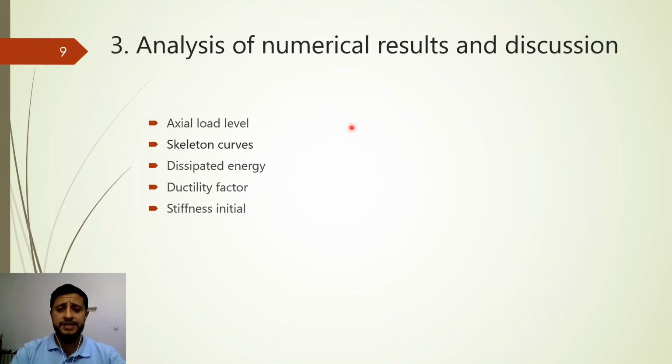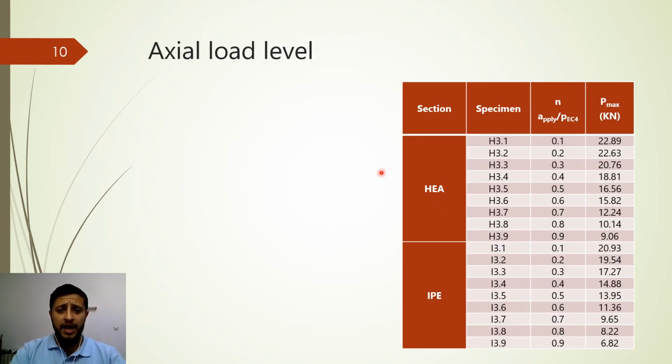Analysis of numerical results and discussion. From the numerical simulation, the parameters studied are axial load level, skeleton curves, dissipated energy, ductility factor, and initial stiffness. Axial load level is defined as the ratio of the applied load to the load calculated by Eurocode.